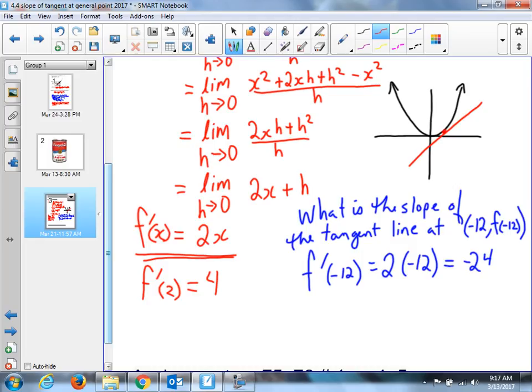Obviously, my scale, it looks like it's a slope of 1, but that's where it is, right? At negative 12, it's going downward. The slope of the tangent line is negative 24. It's really steep. It practically went straight up and down, right? That's what this is telling.